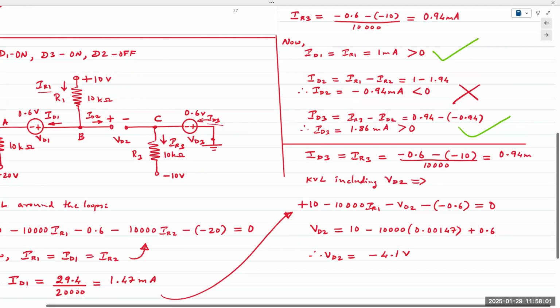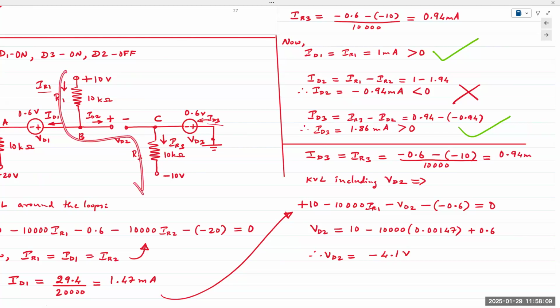And then I apply KVL to determine VD2. There are two possible pathways. I can apply KVL in this path, or I can apply KVL in this path, right? If I apply KVL here, I need to find the voltage across R3 also. So choose either one.